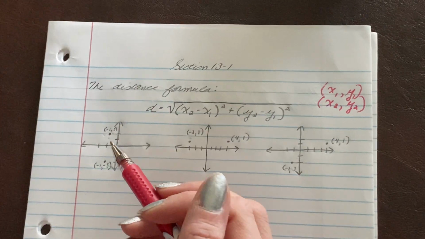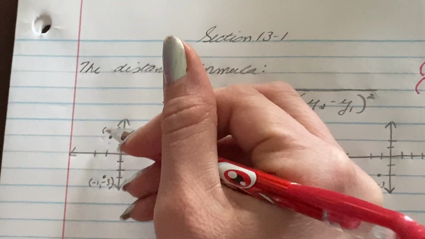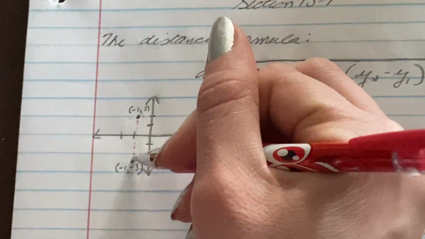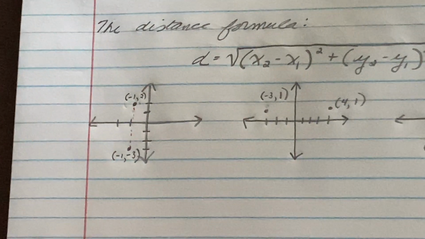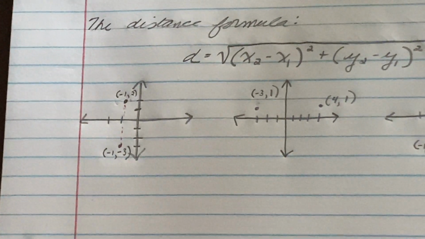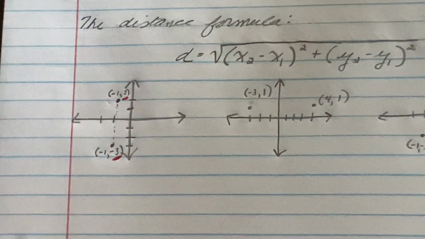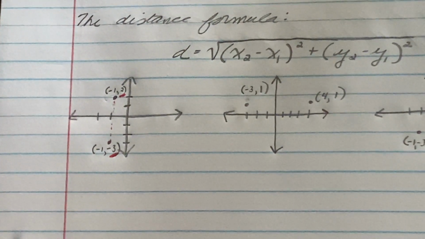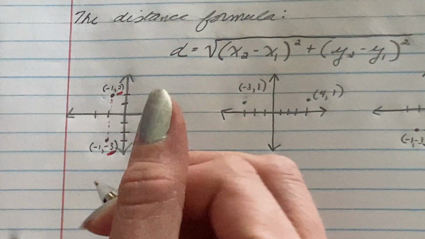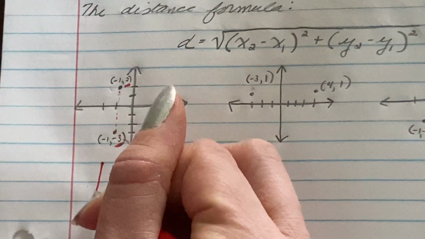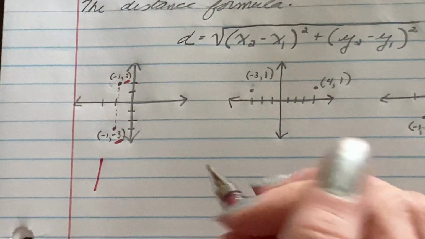If you were to have two ordered pairs that form a vertical line, you don't necessarily have to use the distance formula because there's a vertical change between the 2 points. You can look at the positive difference between the y coordinates. So when you're looking at positive difference, we have to do absolute value.